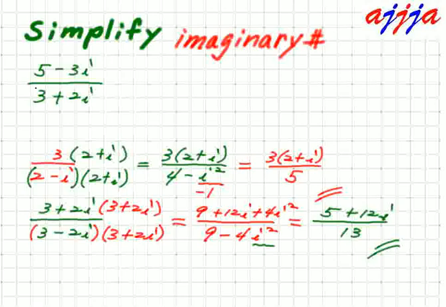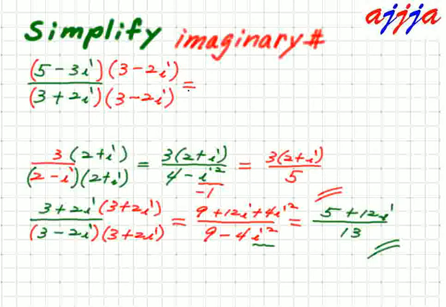All right, what are you going to do with this? Very easy, right? The conjugate. We're going to find the conjugate of this bottom one, which is 3 minus 2i. Very simple. We multiply the bottom: 3 times 3 is 9 minus 4i squared.